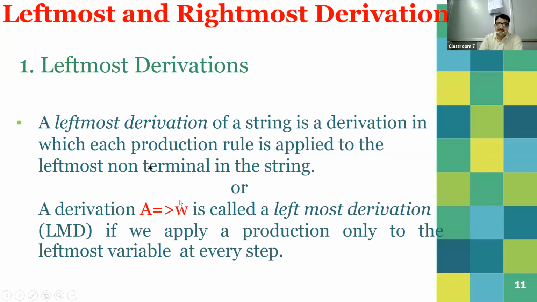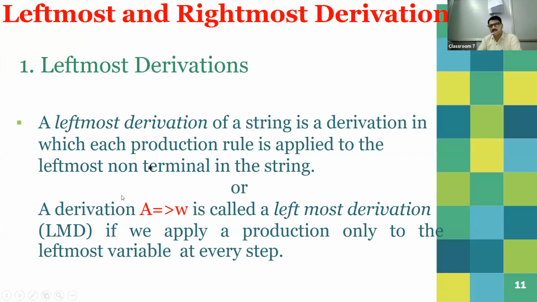W is the string that you want to derive by using this derivation. So a derivation A to W is called a leftmost derivation, which can be represented as LMD, leftmost derivative, if we apply a production only to the leftmost variable at each and every step. So this is the simple definition for the leftmost derivative.